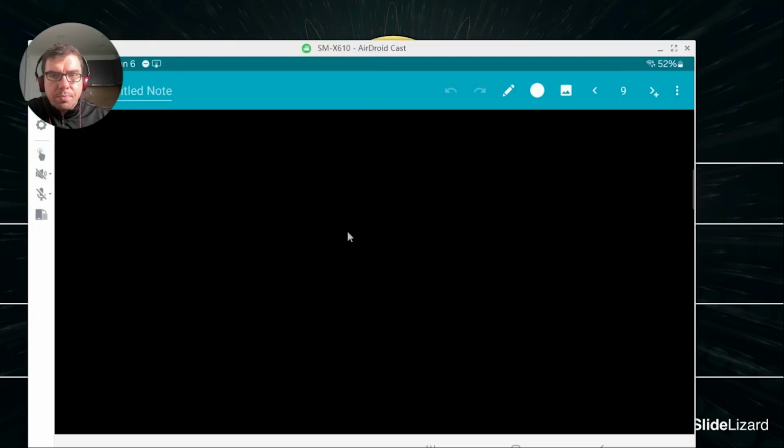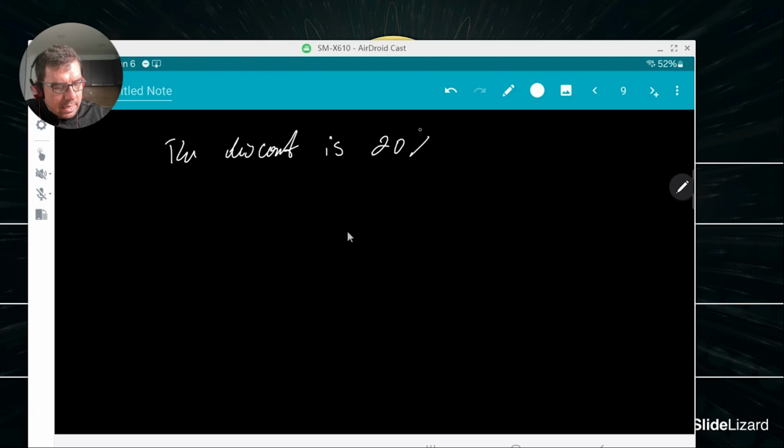D is correct. The discount is 20% of the price of $105. 20% is the same as 1/5 as a fraction, so 1/5 times 105.